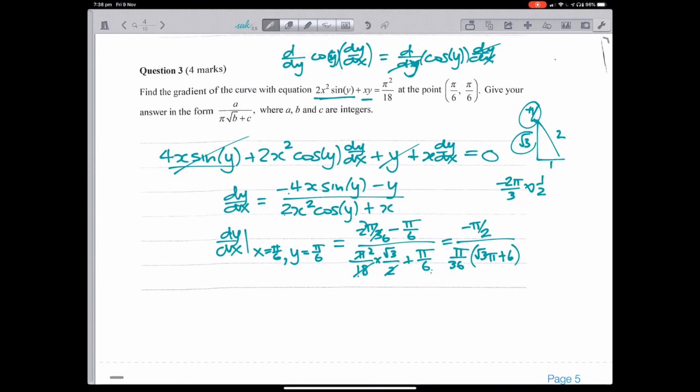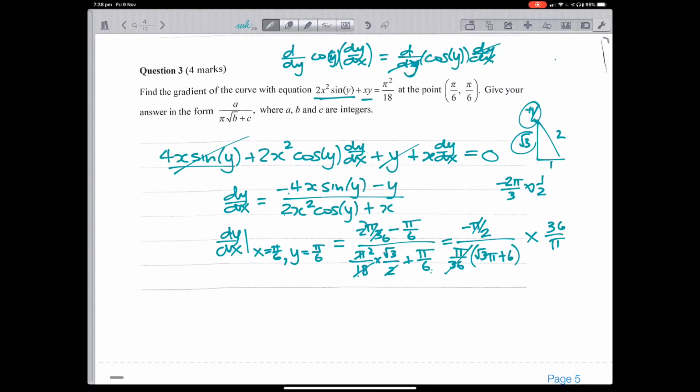But I need to... I've got that 6, is that right? Pi and 6. So if I take out pi on 36, I'm going to be left with a 6. Okay, now dividing by pi on 36 is the same as timesing by 36 on pi.